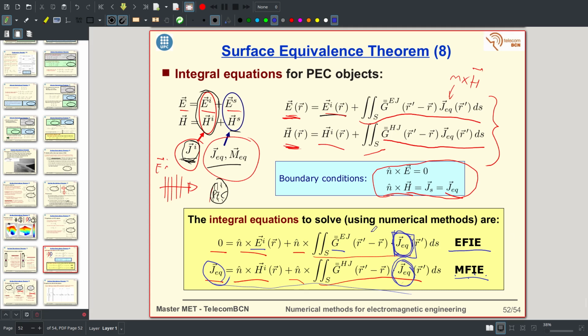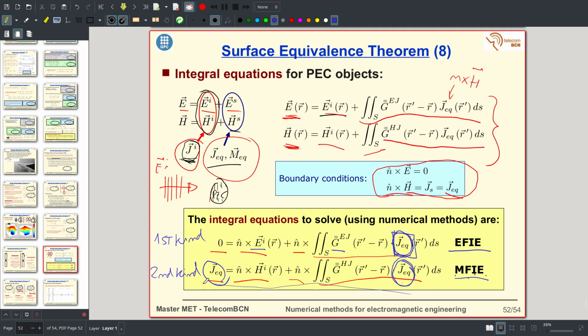The EFIE, which only has the unknown inside the integral, is called a first kind Fredholm integral equation, and the MFIE, which has the unknown both inside and outside the integral, is called a second kind Fredholm integral equation. And they have different behavior.